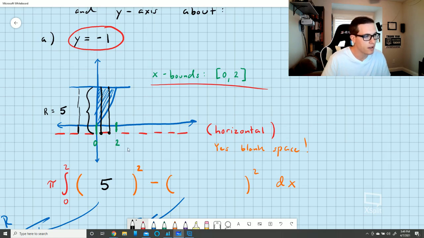What about little r? Here we go. Through blank space, stop at inner edge. Let's draw it one more time. Through blank space, stop at inner edge. Well, here's the hardest part that students always mess up. This whole distance right here is little r. Well, what on earth is that?